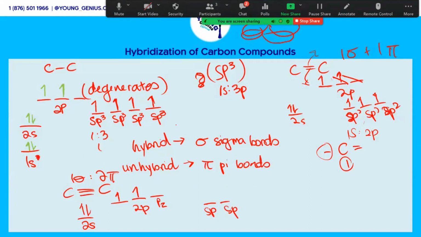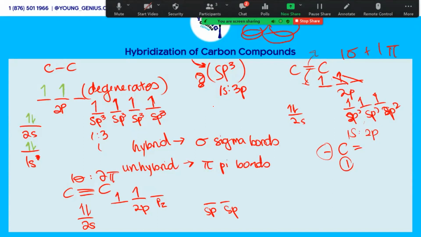The one that says sp3 orbitals. So that one basically works by doing what? You're going to have 4 orbitals basically. Could you go over the hybrid orbitals one more time, please?